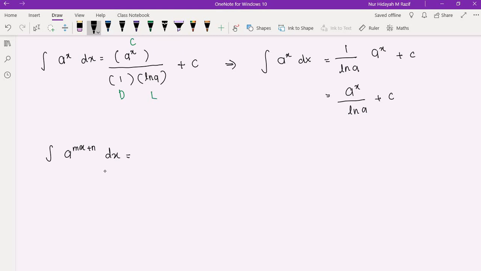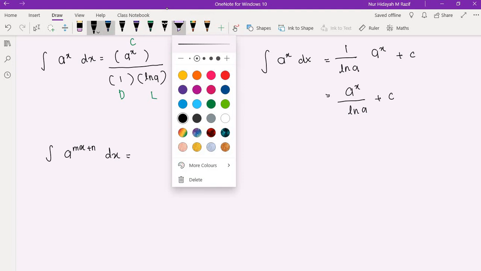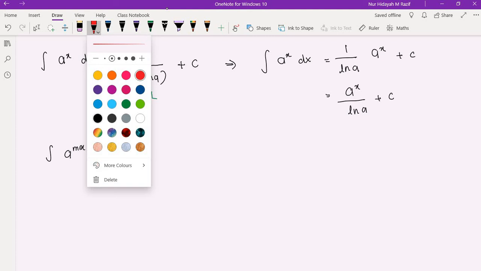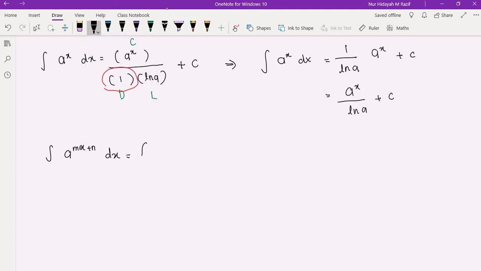Okay. Next, what if I have the integral of a power of mx plus n? What I will have here is the same as previously, but the one that will be different is the second bracket. If I integrate this, I will have 3 brackets. The first one will be a power of mx plus n. And then differentiating my power will not give me 1, but I will have m here, and this one will be the same, it is ln a.